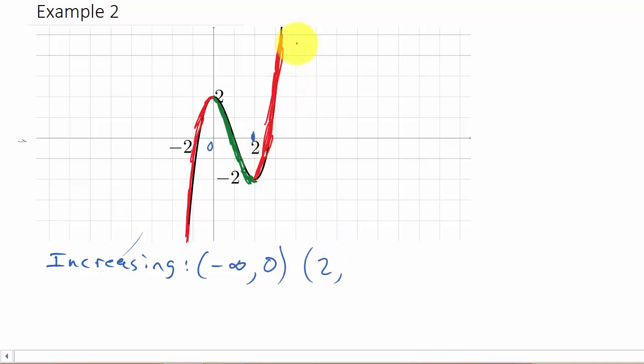It's increasing, increasing, and as we travel along the x-axis, this graph is still increasing. It's just way up where you can't see it. So it's increasing from 2 to infinity. Now let's look at decreasing.